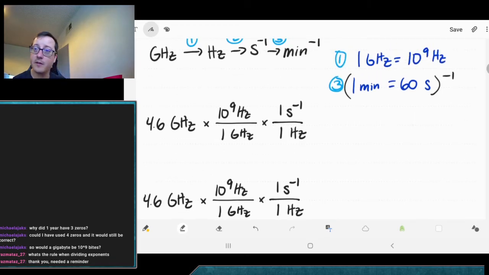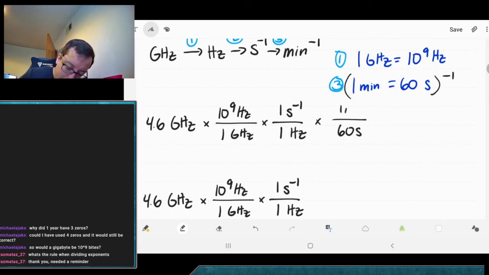If we say, okay, this minutes and seconds business needs to be inverted, well, let's go ahead and put it in. And we're going to have to put that to the -1 power. -1 power means we're just going to flip it over, right? But the problem here is that if we flip it over, we're going to end up with second inverse in the top, right?